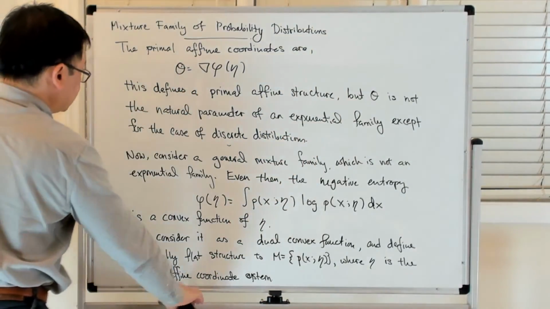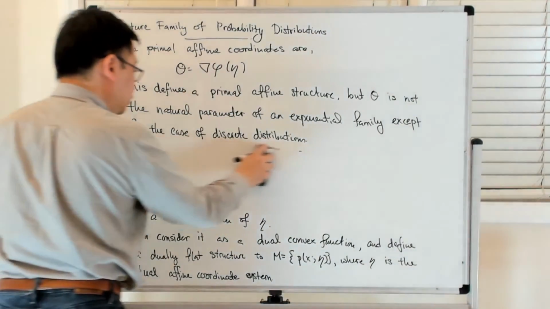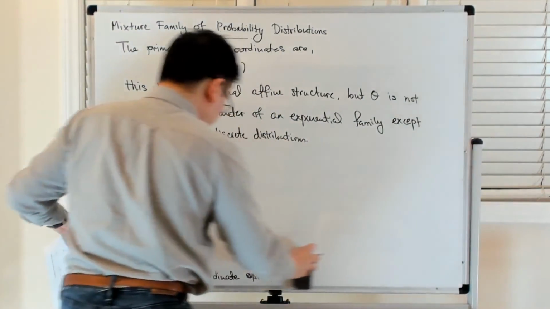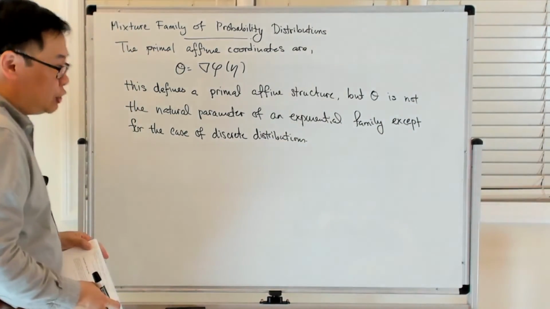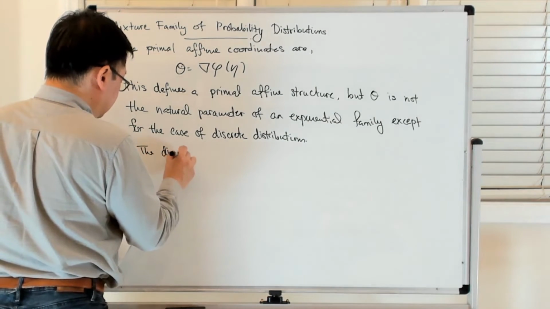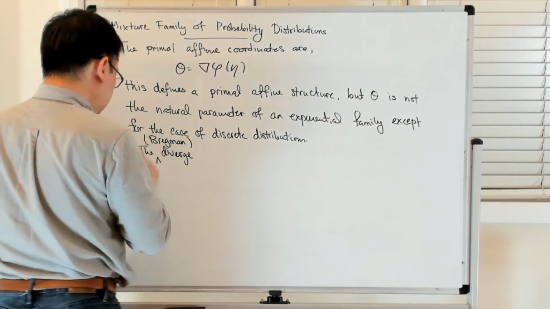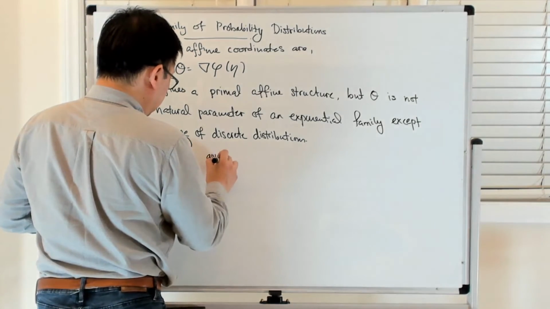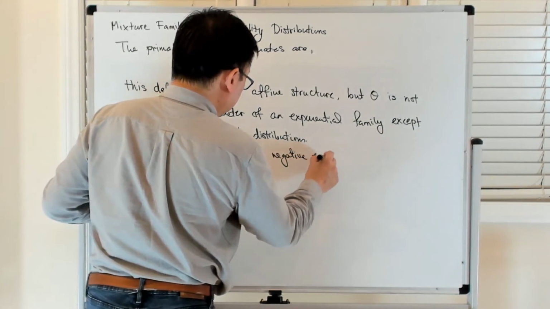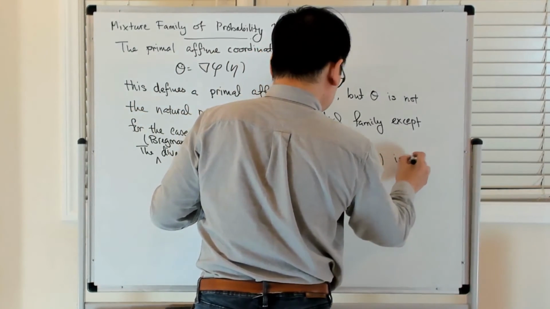Okay, and as we've mentioned before, when you have a convex function, which is the negative entropy, and you look at the associated Bregman divergence, then you get the KL divergence, and so this is true also here. So the Bregman divergence given by the negative entropy psi of eta is the KL divergence.